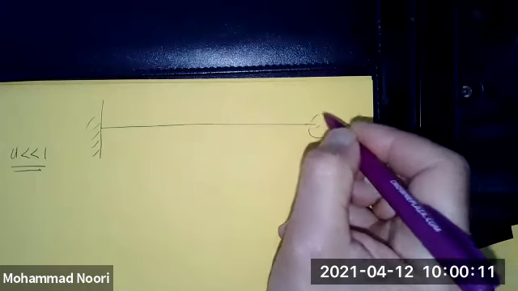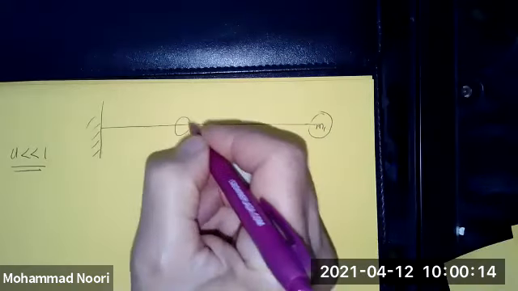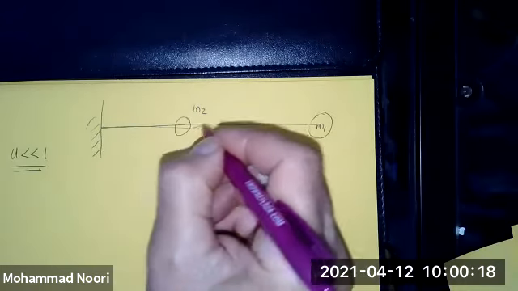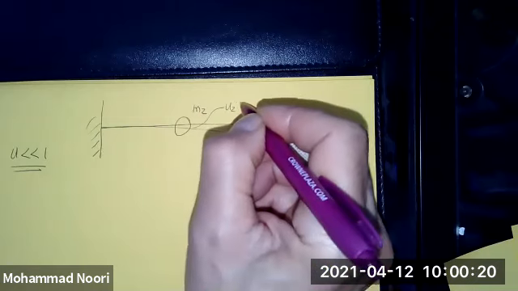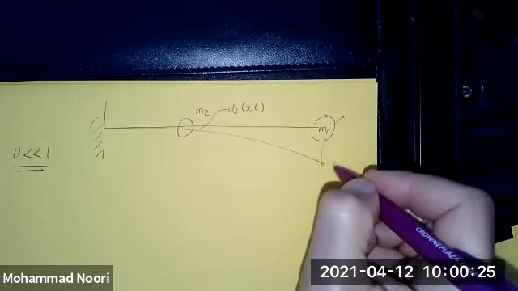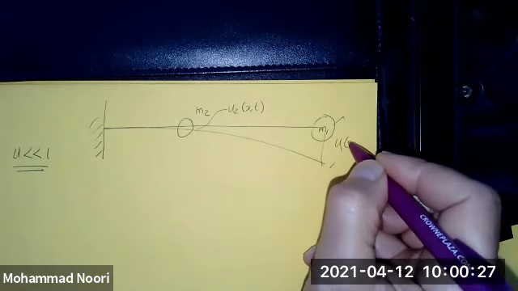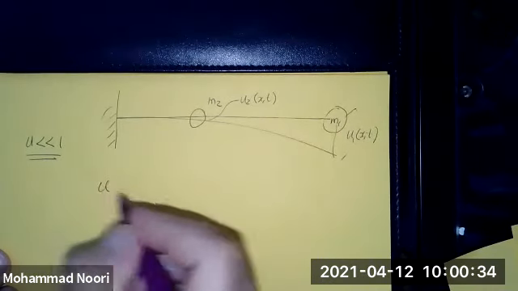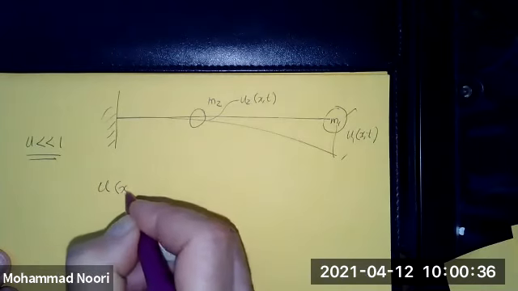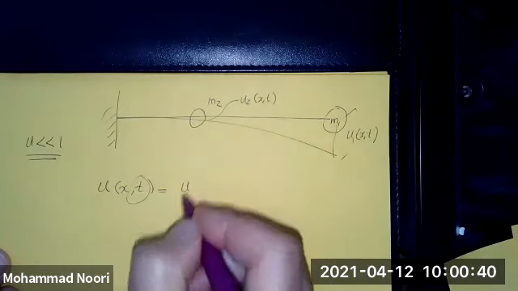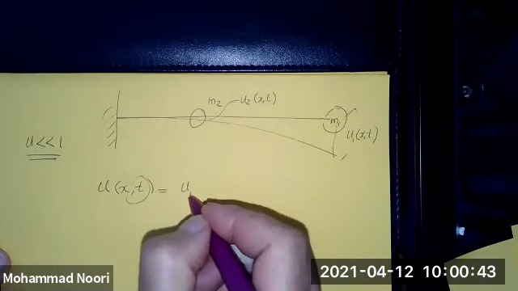In other words, if you have a mass M1 and mass M2 here, if this is U2 at X and T, and this is U1 at X and T, I can say that the same relationship, which I derived now for static, can be extended to the dynamic case.